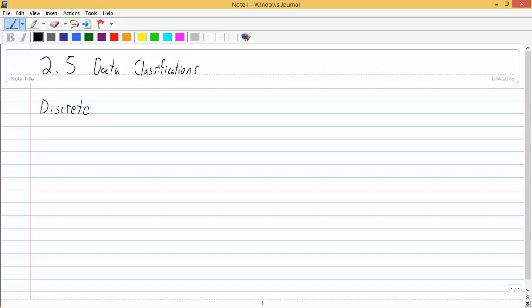Discrete, that's data in which the observations are restricted to a set of values that possesses gaps.